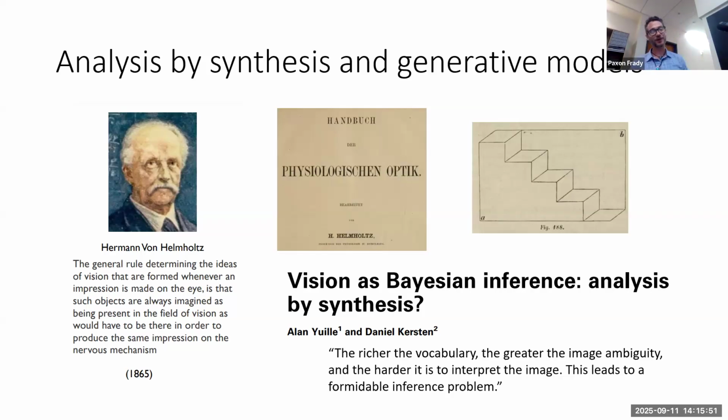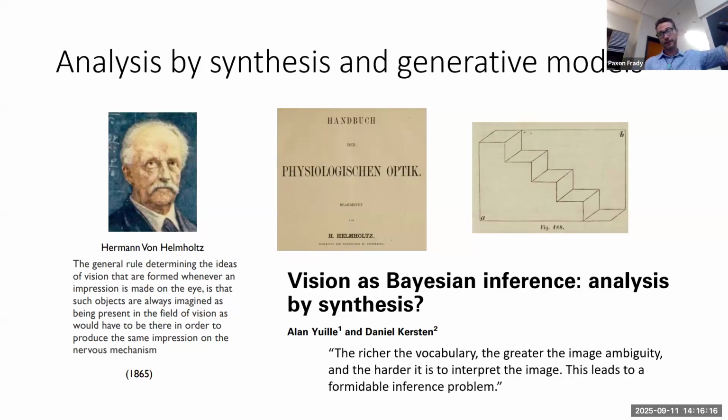So what is the brain doing? There is this very long-standing idea about analysis by synthesis. Von Helmholtz described this in 1865, where essentially it seems that there's some kind of generative model that is part of our perception, and you can see that in a basic illusion over there.